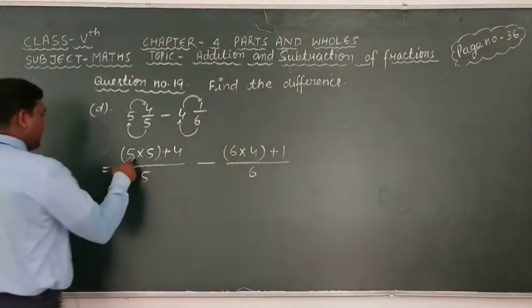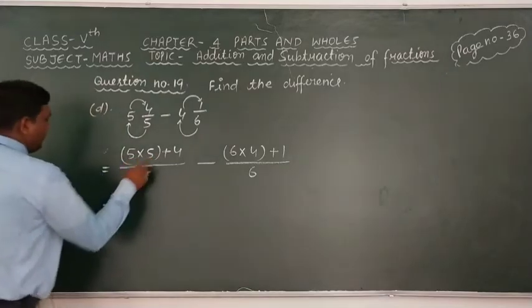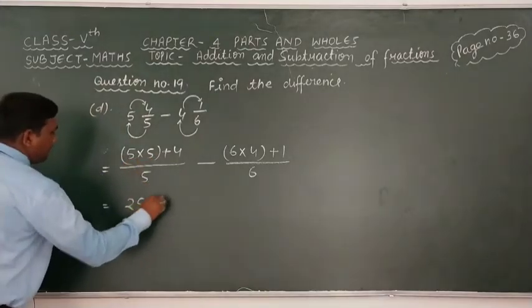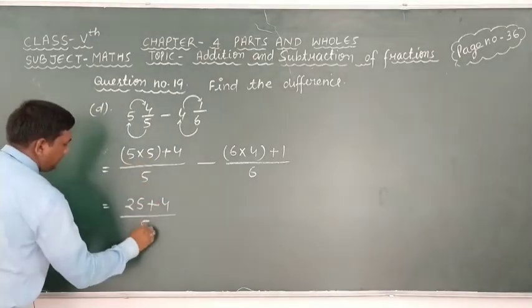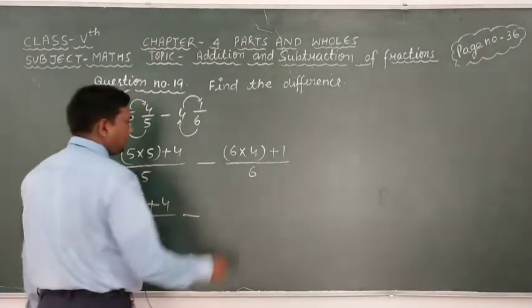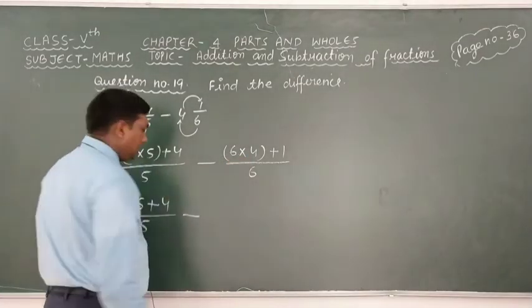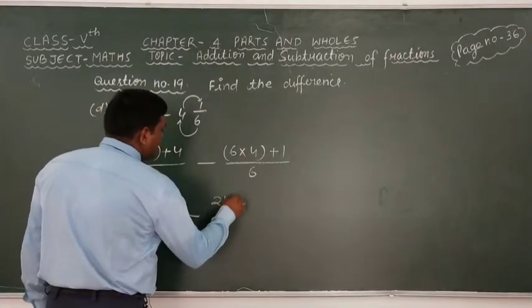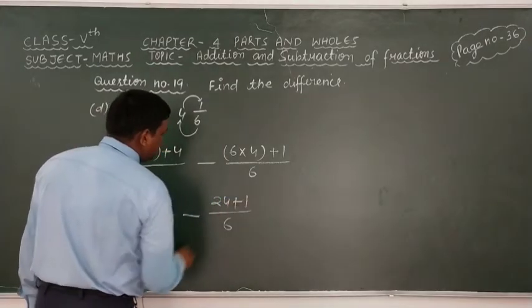Okay, after multiplying this we get 5 5 is 25 plus 4 over 5 minus 6 4 is 24 plus 1 over 6.